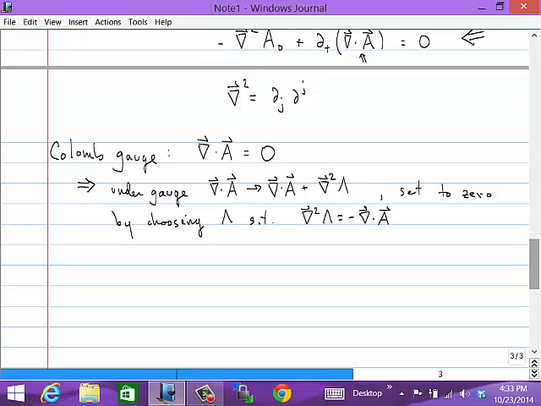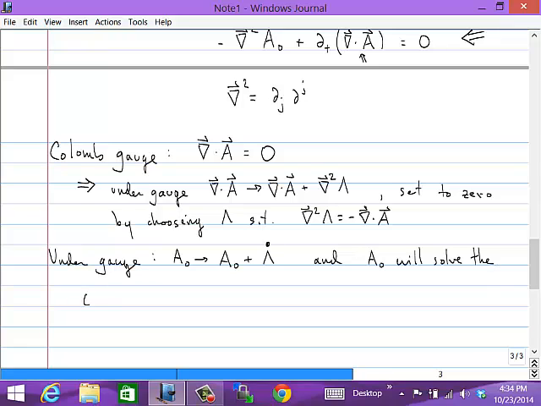So remember that under a gauge transformation, A0 will go to A0 plus lambda dot, the time derivative of lambda, and A0 will solve the equation of motion in Coulomb gauge.